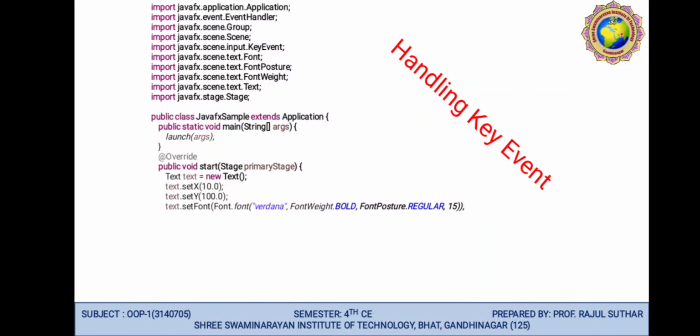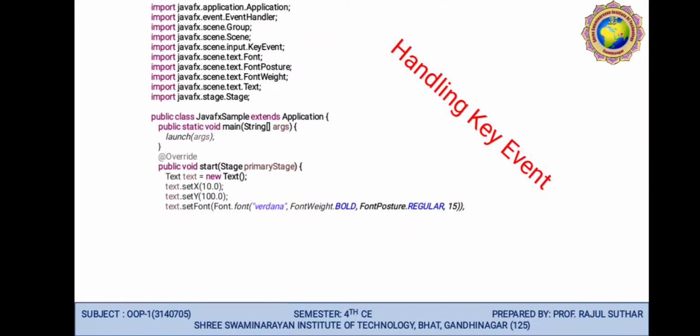Text is equal to new Text, which is nothing but an object. With text.setX we set the value of x to 10 and the value of y to 100. Text.setFont: here you can change to a particular font or a user-defined font. Here Verdana font is used, font weight is bold, you can apply bold, italic or regular, and posture is regular.